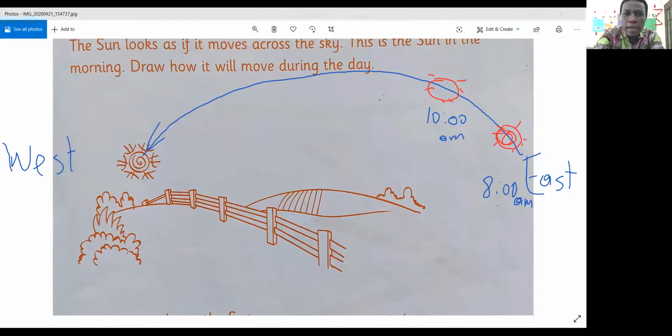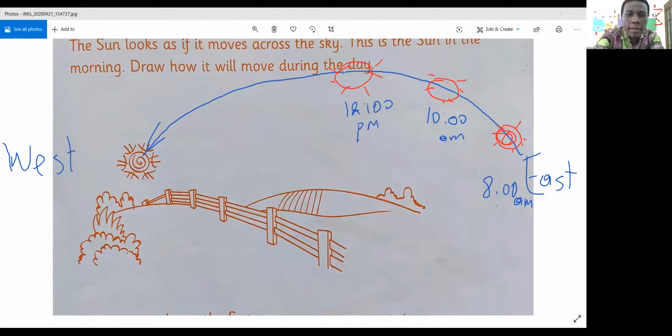And then at 12, I mean at noon, the sun will be here in this position. Remember, at this position, we're almost at the center of our compass. So this will be 12 p.m. Great.